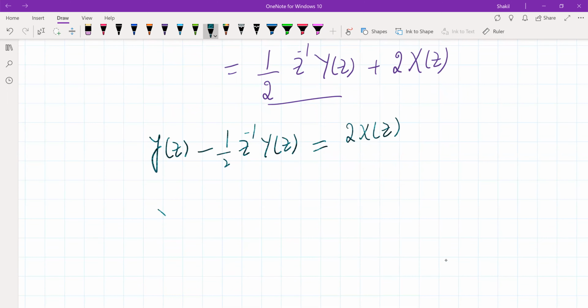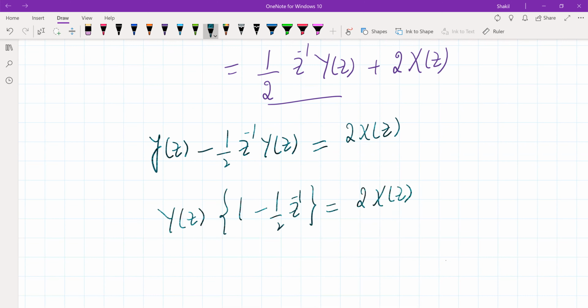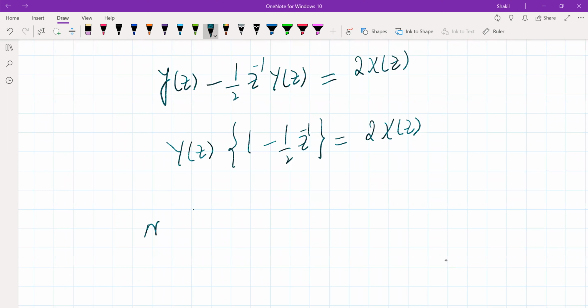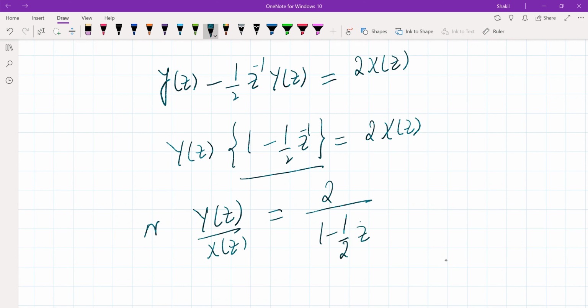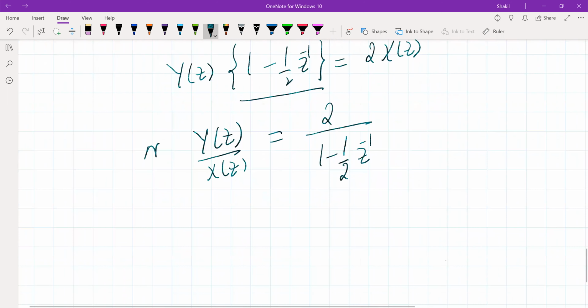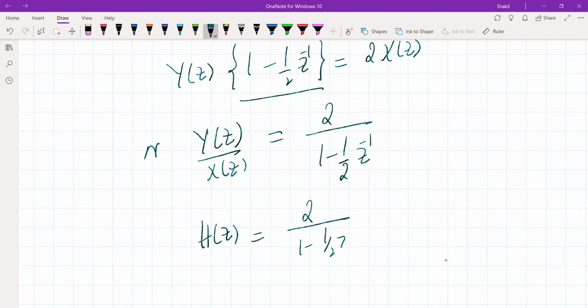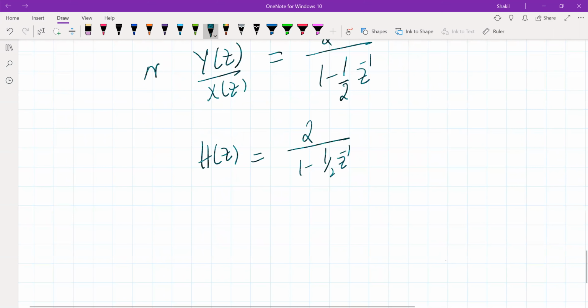Now taking Y(z) common, we can write it as 1 minus 1/2 z inverse times Y(z) equals 2X(z). Now we can write it as Y(z) divided by X(z), and transferring this term to the right hand side, we get 2 divided by 1 minus 1/2 z inverse. So this is H(z), the transfer function of the system.